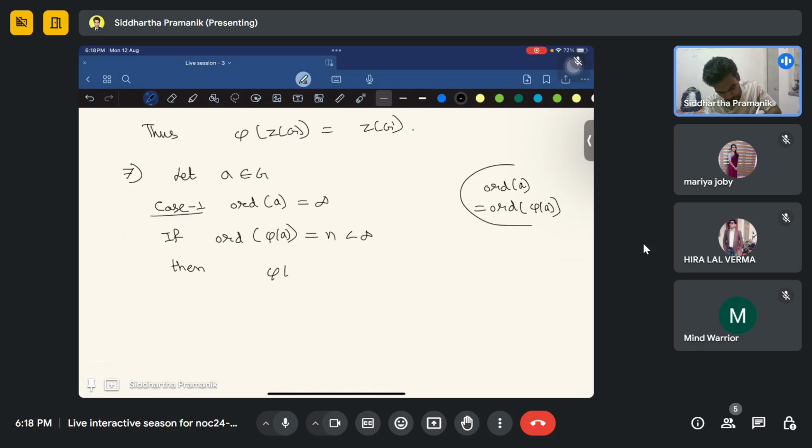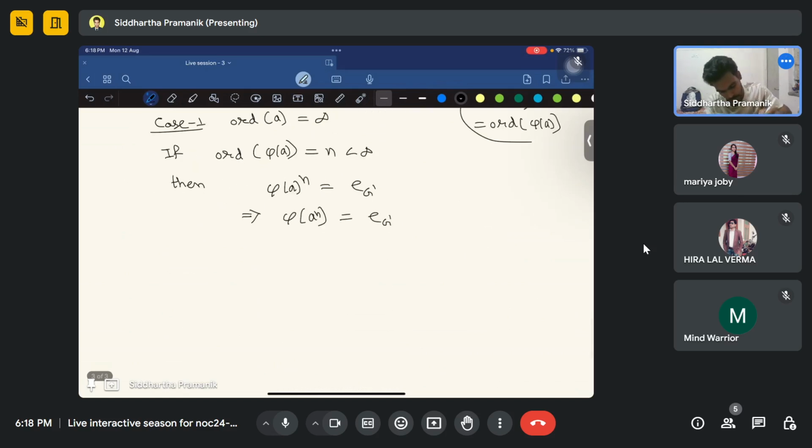then phi of a to the power n should be the identity of G prime. Now this is equal to phi of a to the power n by using the group homomorphism. Now phi is also injective.